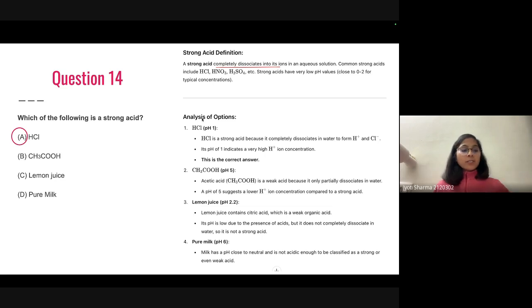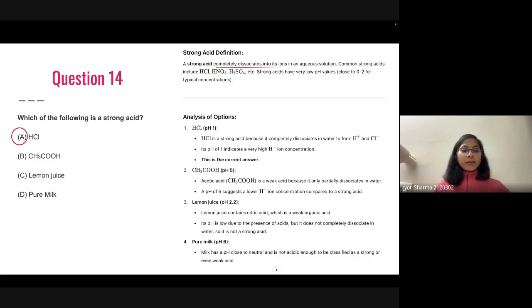A strong acid completely dissociates into its ions in an aqueous solution. For example, HCl will dissociate into H plus and Cl minus, and that's why this is a very strong acid.